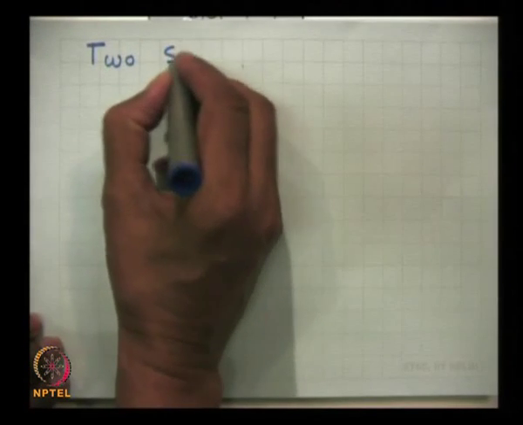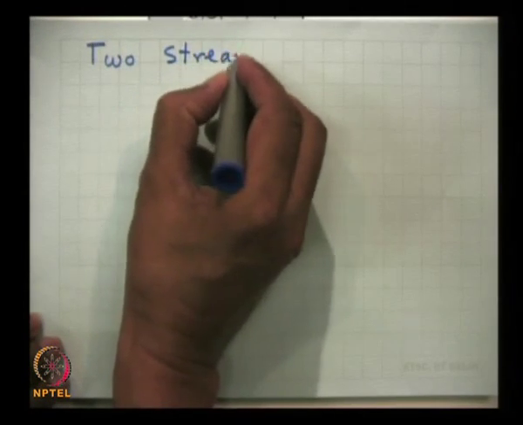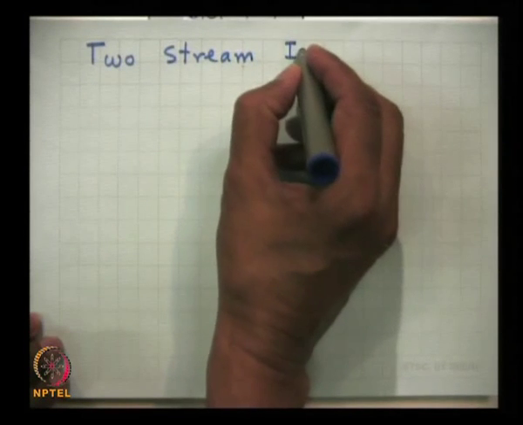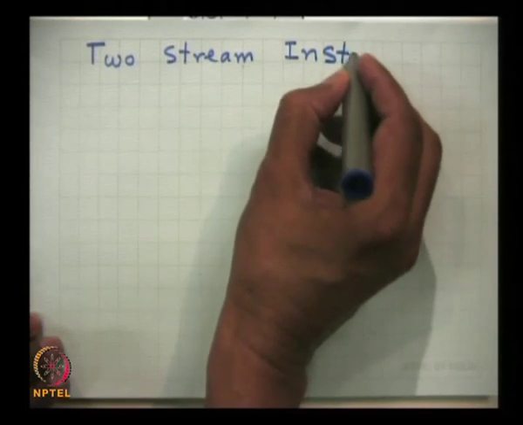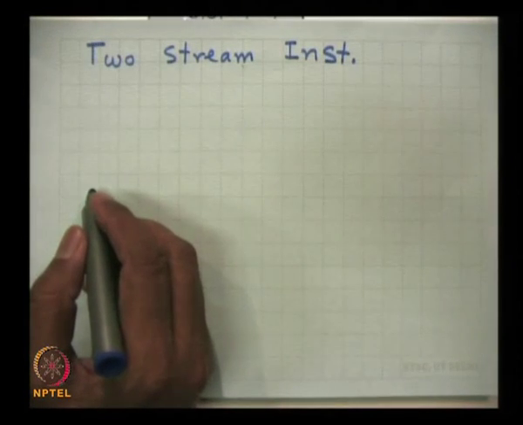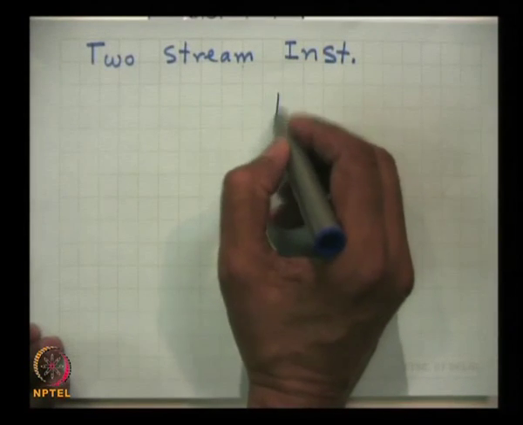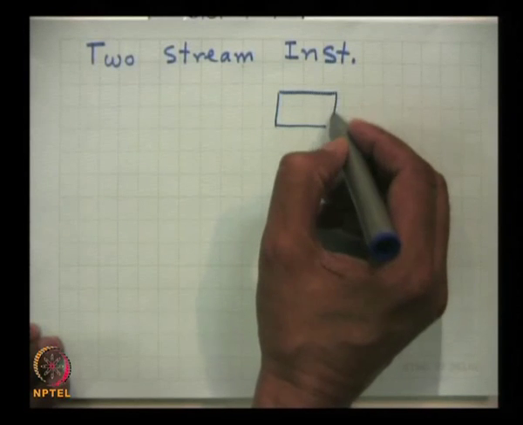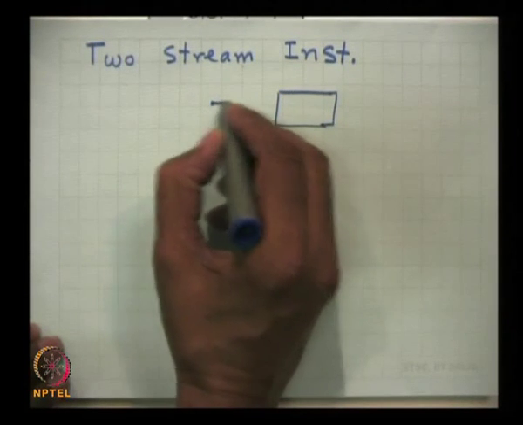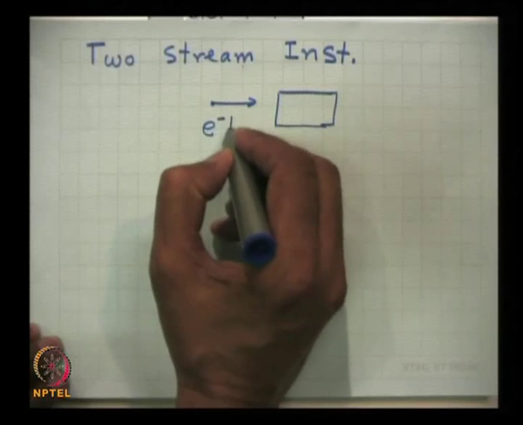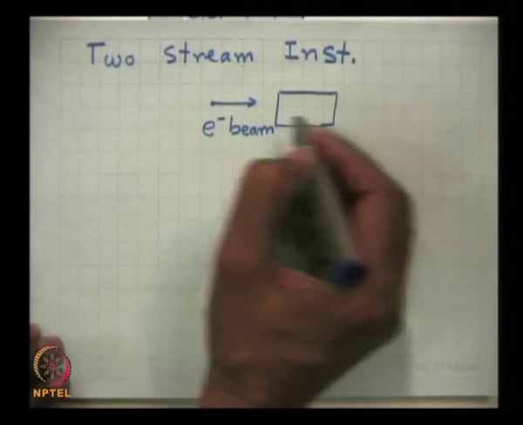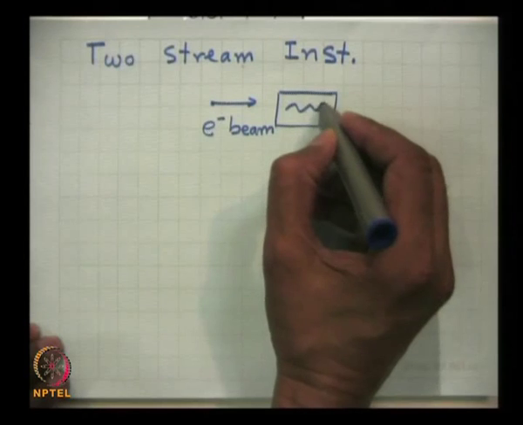Let me begin with the remarks on two-stream instability. This we studied earlier. For a non-relativistic electron beam, we considered that if there is a plasma through which an electron beam is launched, then it gives rise to generation of waves in the plasma.